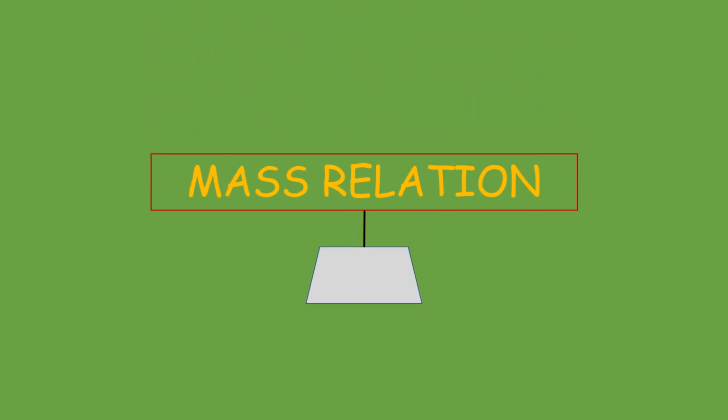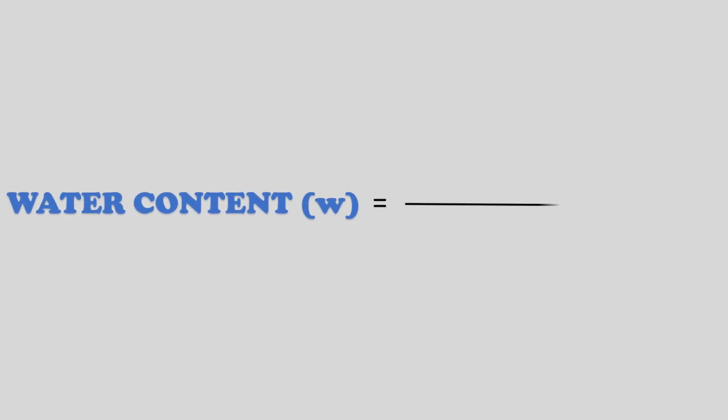Now let's see the mass relation of soil mass, which is water content. The water content is defined as the ratio of the mass of water to the mass of solids.